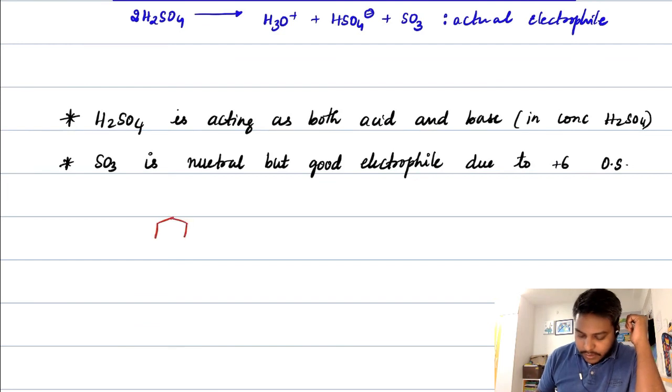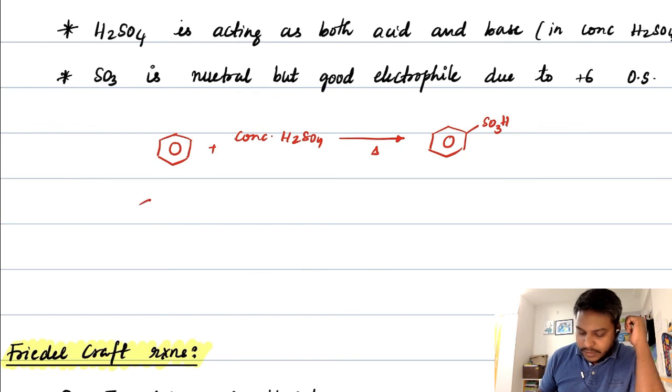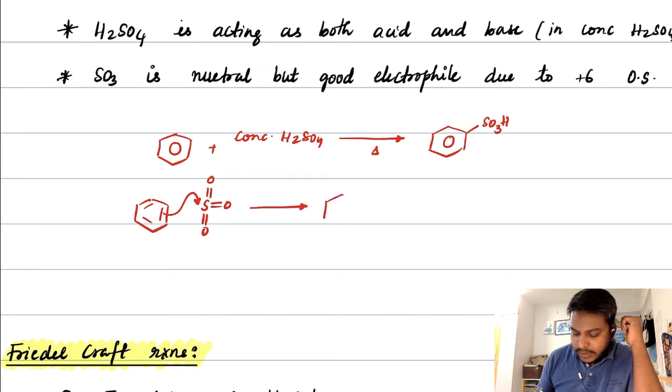Hence, the overall reaction is benzene plus concentrated H2SO4, and slight heating would definitely help to form SO3, then SO3H. So how are we getting SO3H? Look at the mechanism step once. First we will have SO3 present here, S double bond O, double bond O, double bond O. Benzene will attack, as the pi bond will attack on it.